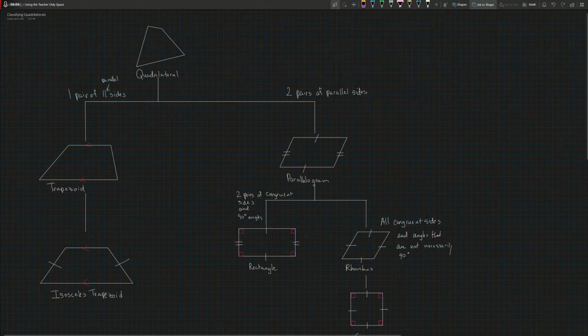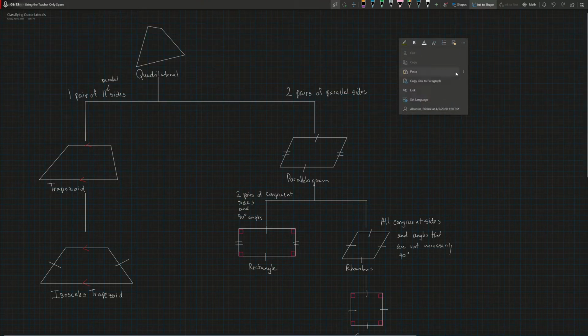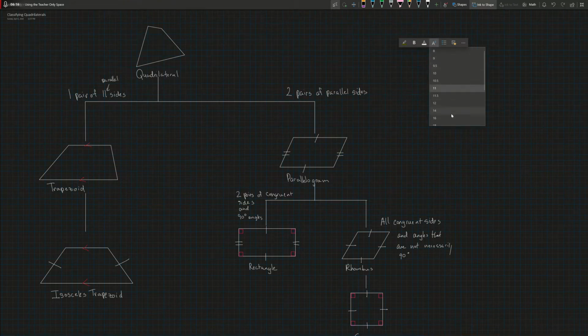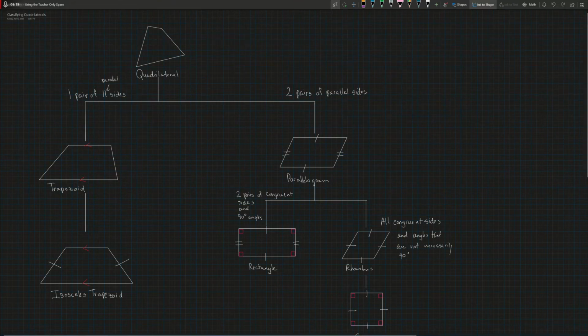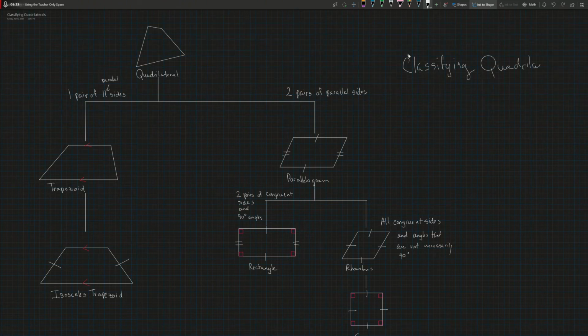Just to recap, in terms of classifying them, we typically move from the general classification of quadrilateral to the most specific.